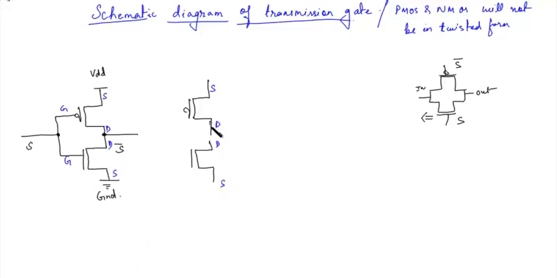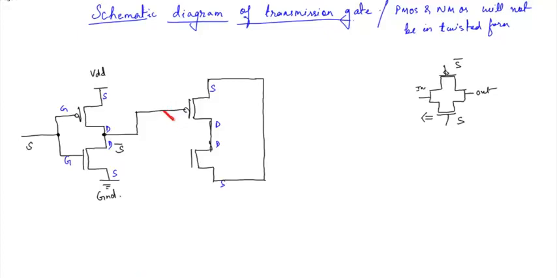So we know that the drain and drain are connected. The source and source of the transmission gate, that is the PMOS and NMOS, are connected. And one of the gates is S bar. Let's say this is S bar.